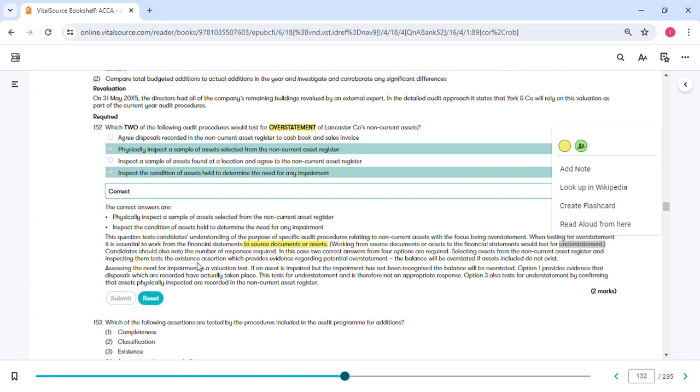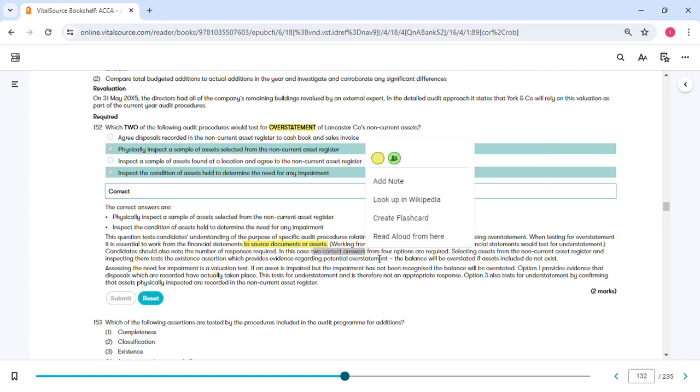Candidates should also note the number of responses required. In this case, they are asking for 2 correct responses from 4 options. Selecting assets from the non-current asset register and inspecting them tests existence, which provides evidence regarding potential overstatement.